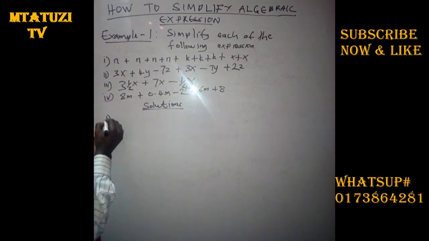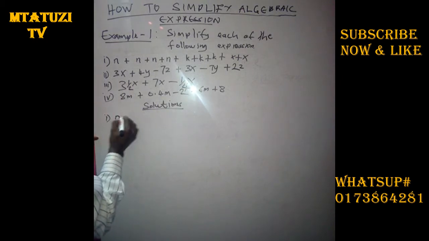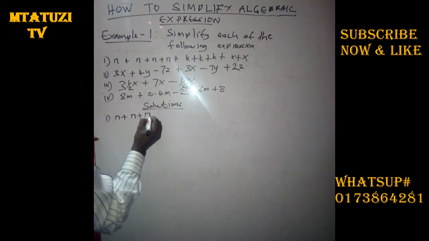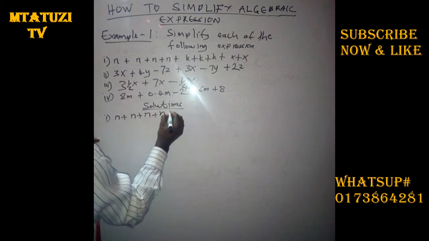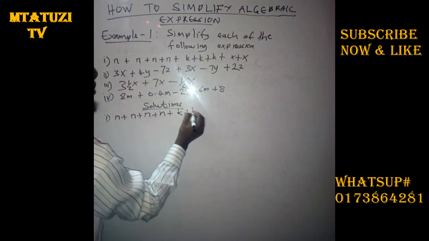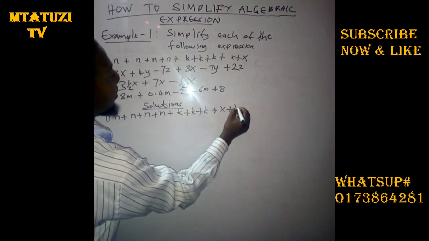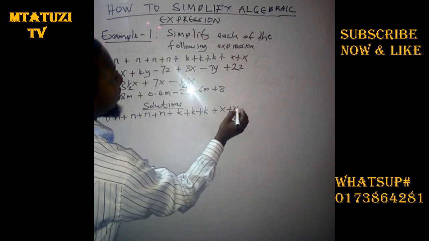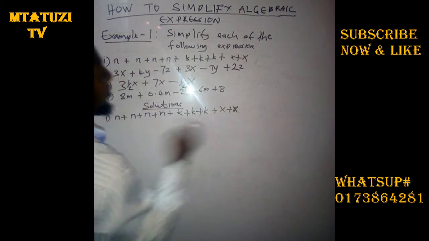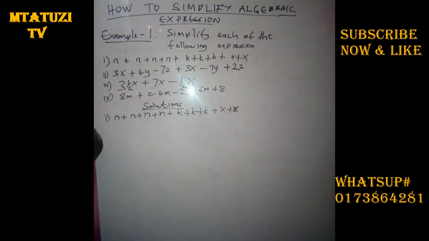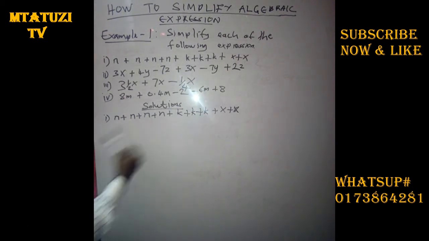Starting with Roman 1, we are given n plus n plus n plus n plus k plus k plus k plus x plus x. In order to simplify this algebraic expression, as I said earlier, we have to add the like terms to make it simple.